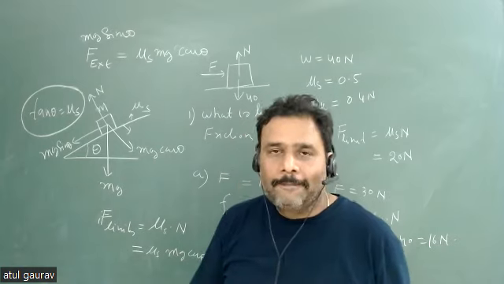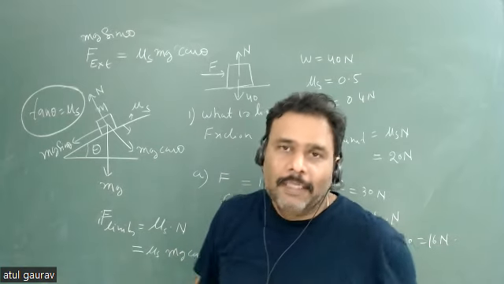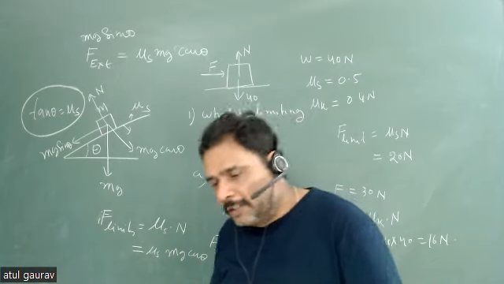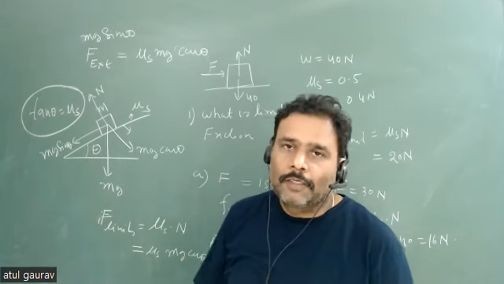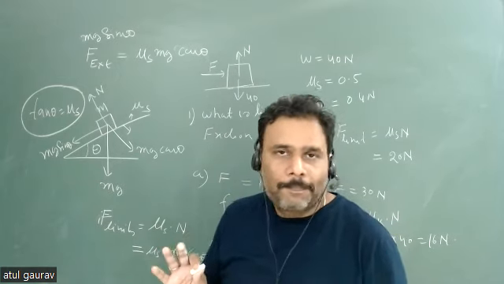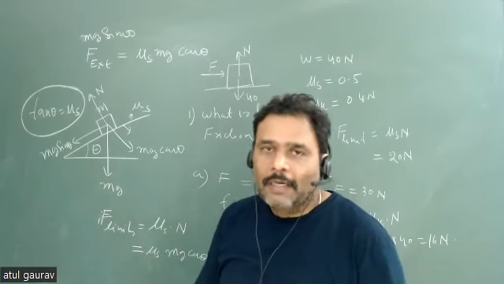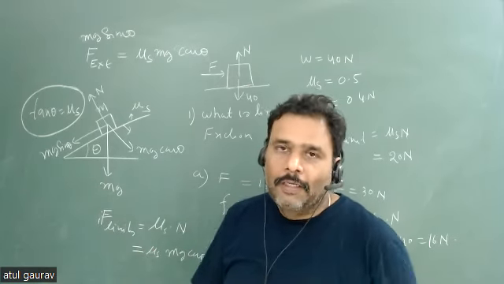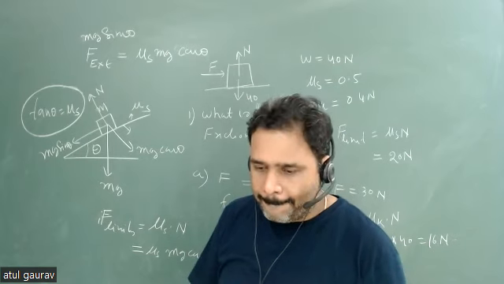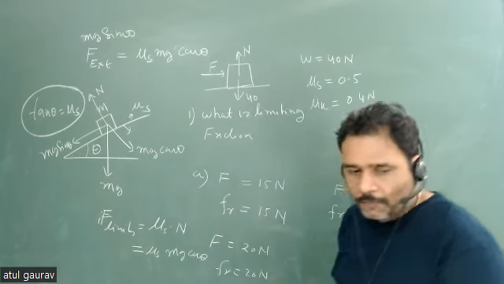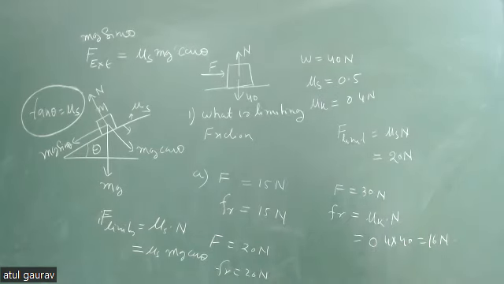But when you have rotation in this problem, then you will see how this works, and how torque will come into the picture. Okay? Chalo, let's go for the next one. Let's solve questions quickly.